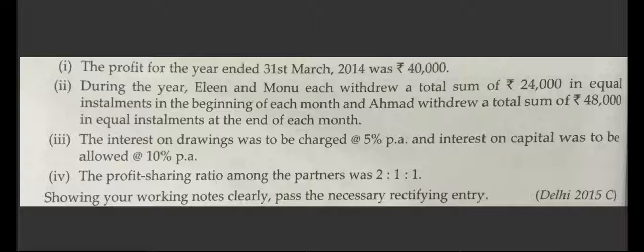See, I told you, interest on capital is calculated on opening capital or the closing capital? Interest on capital is to be calculated on opening capital, but we are given the closing capitals. So what we will do is we will first calculate the opening capitals of the three partners.